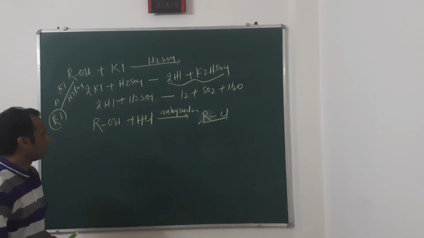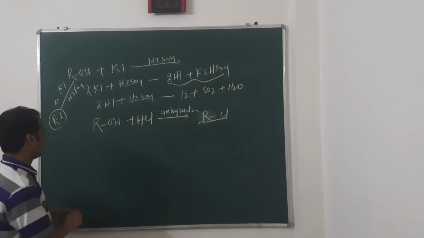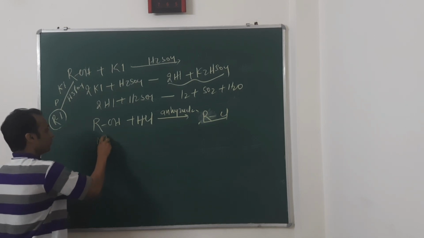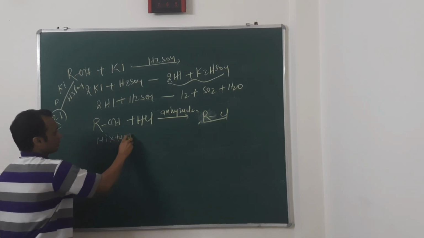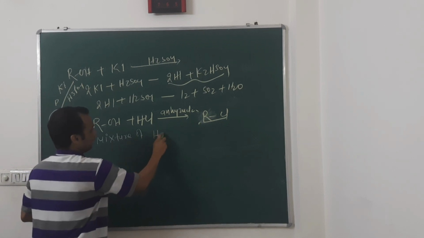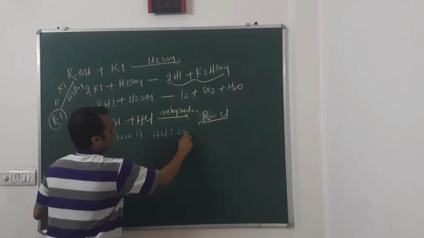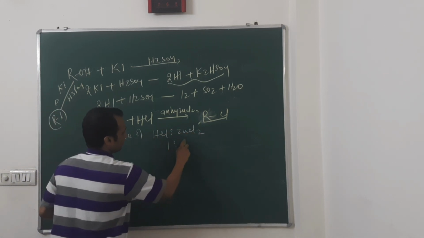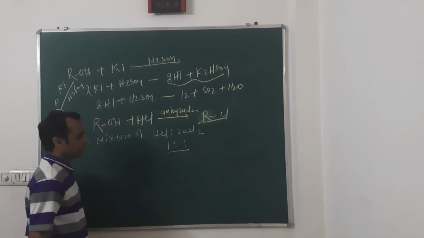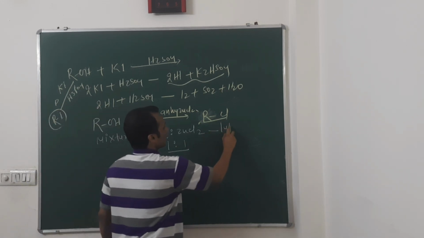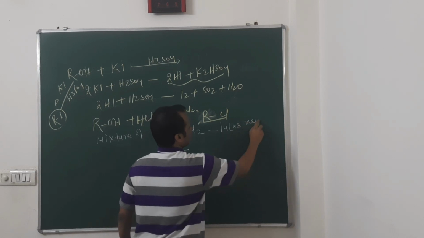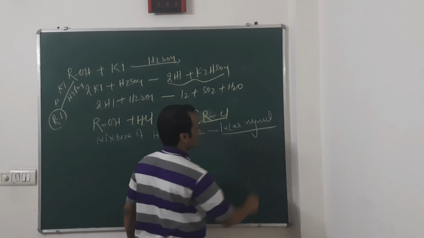Correct? As you know, a 1:1 mixture of HCl and anhydrous zinc chloride is called Lucas reagent. So this is called Lucas reagent.